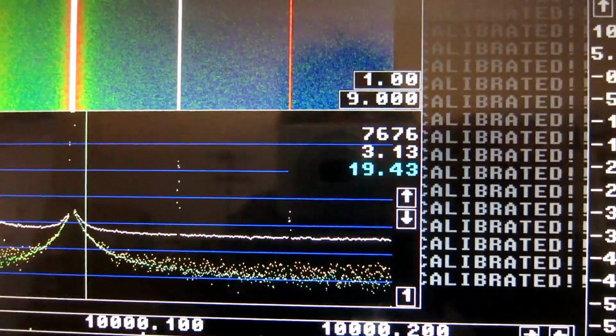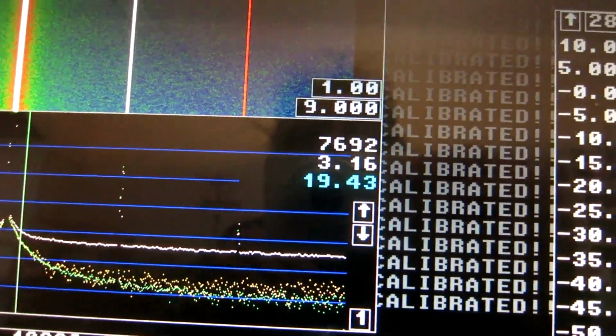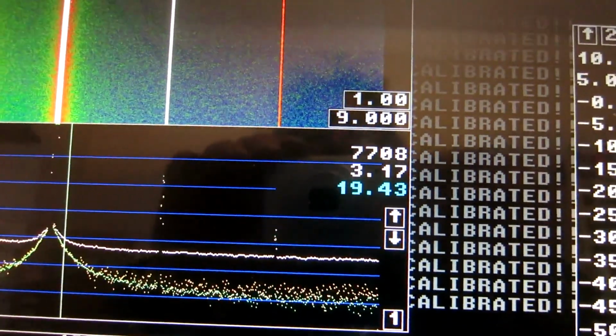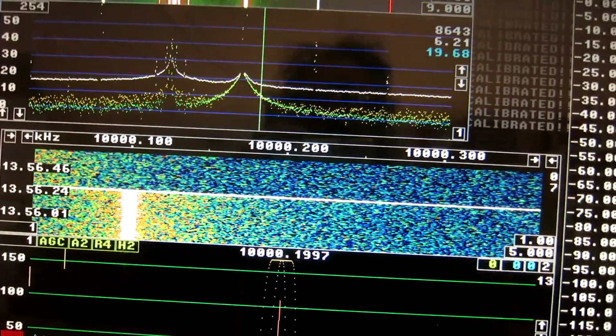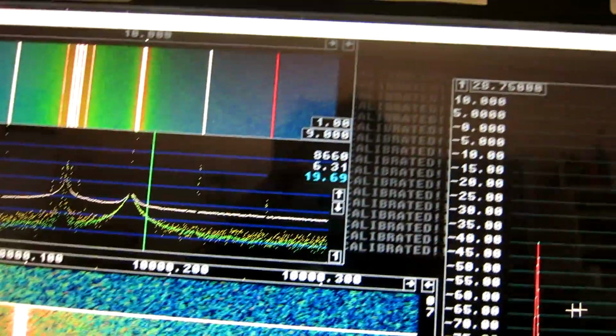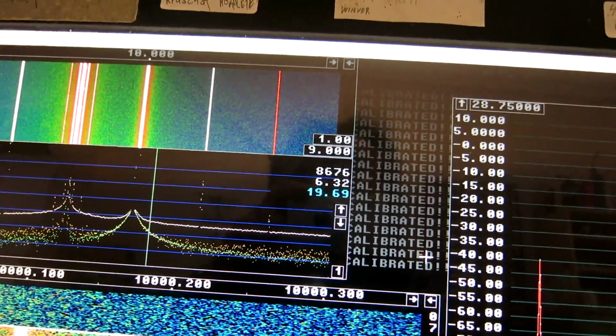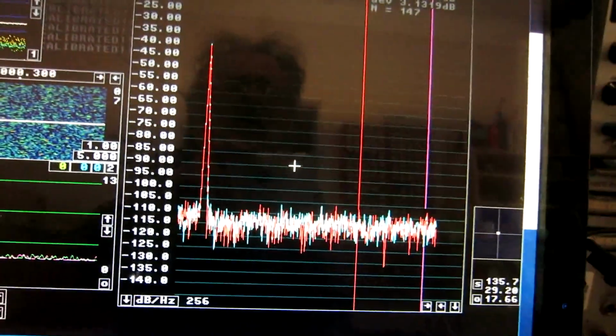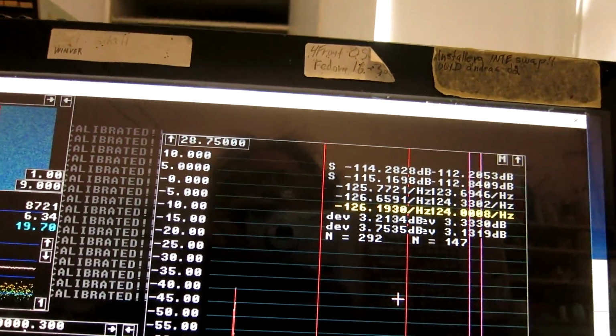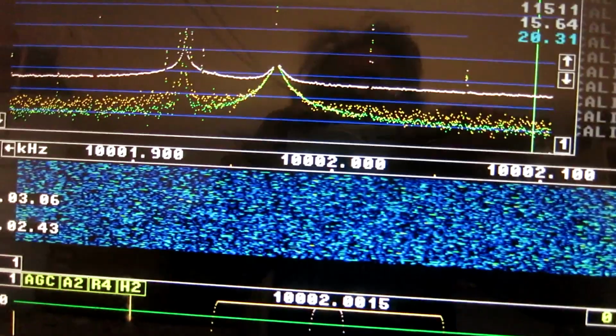And here I can see that the correlation advantage is 3.1 decibels. Now at 200 Hertz, the correlation advantage is 6.3, and the noise level is minus 126.2.